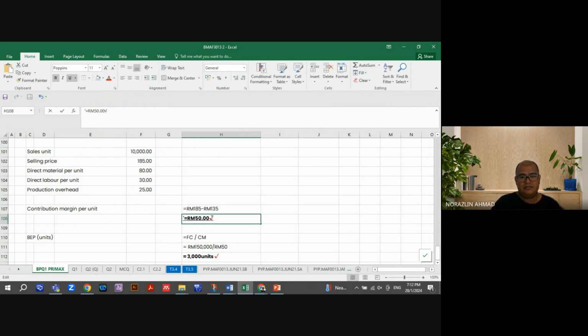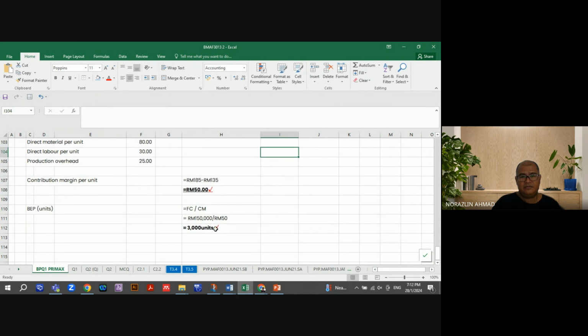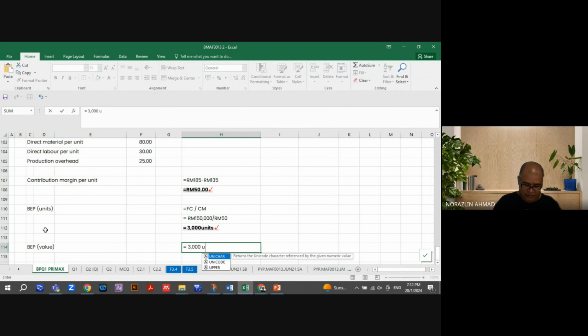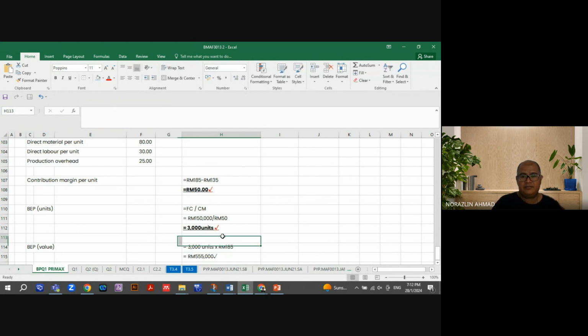And the last one is BEP in value. Equal to 3,000 units times by RM 185. So you get RM 555,000.